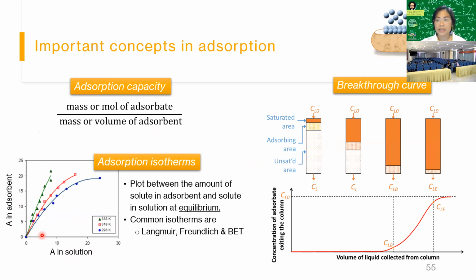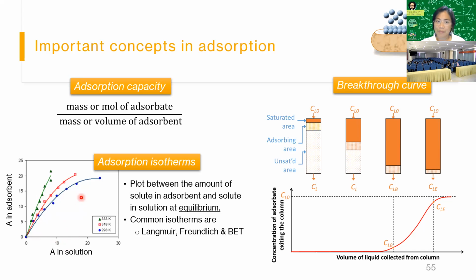In this case, you might start with some amount of A, and when you put the adsorbent in, you let it go to equilibrium. You determine the amount of A in the solution and the amount of A that is attached to the adsorbent, and then you get one point on the plot.